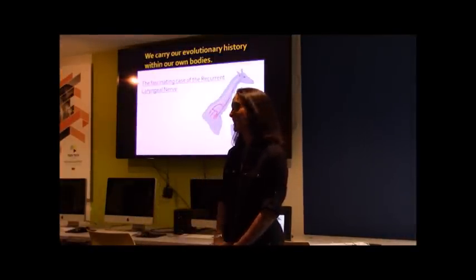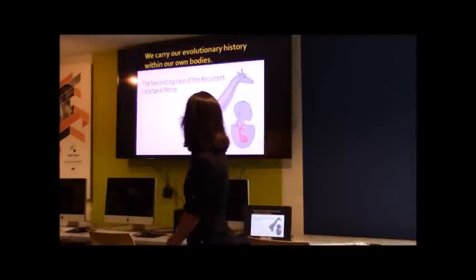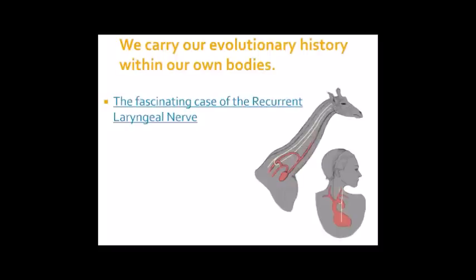Wow, very neat. I want to stop and do a video here. We don't just see evolutionary history out there in the world. We carry it within us. We carry evolution within our own bodies. Have you heard of the fascinating case of the recurrent laryngeal nerve? For those of you who are a little queasy, it is a giraffe dissection.